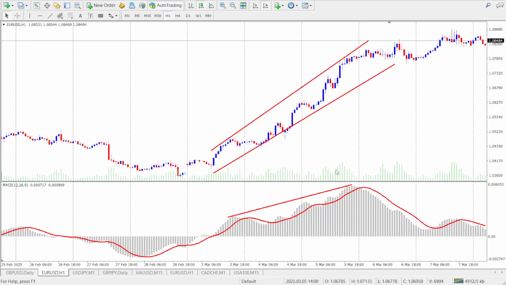Why is this important? Because trading with convergence reduces the risk of false breakouts and fake reversals.